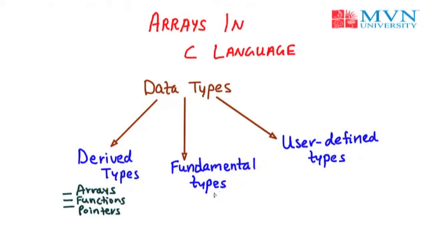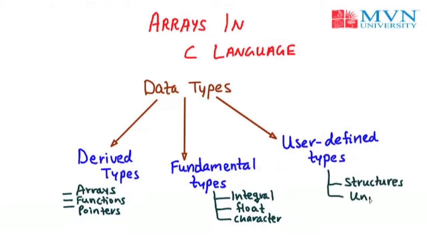Fundamental types which we have discussed mainly are integral types, float types, and character types. In user-defined types, we have structures, unions, and enum. We will discuss derived types and user-defined types one by one in detail. So now we are discussing arrays first.